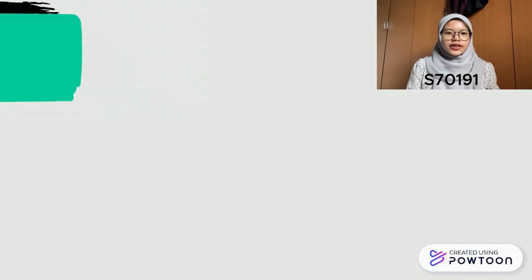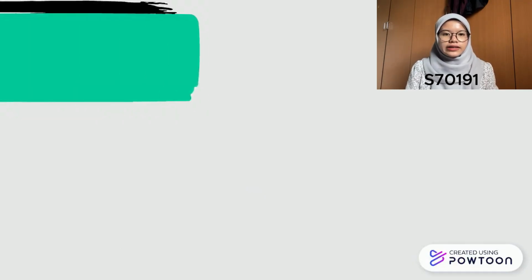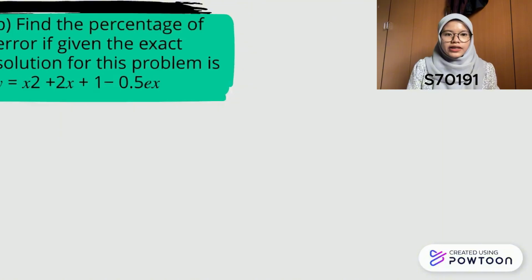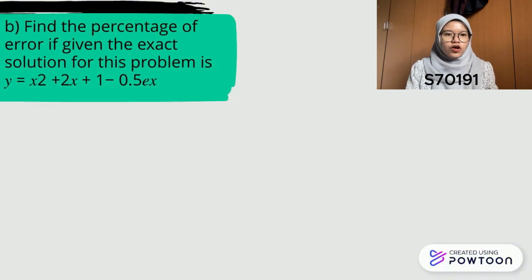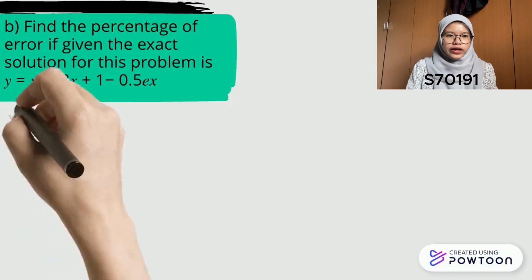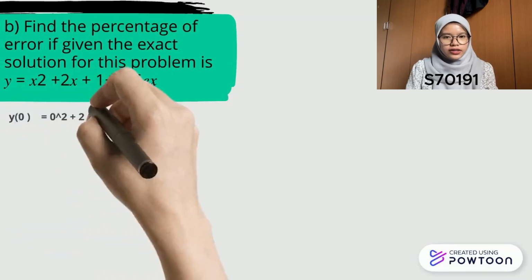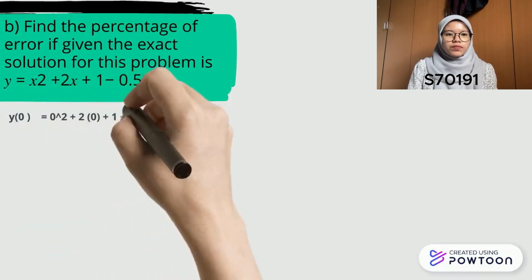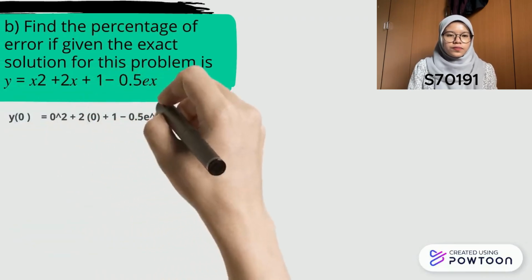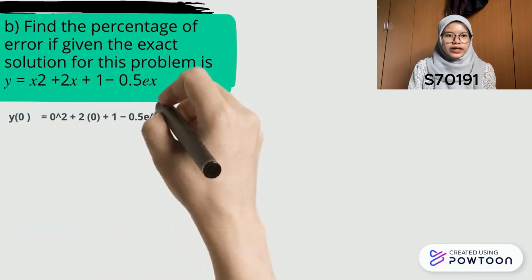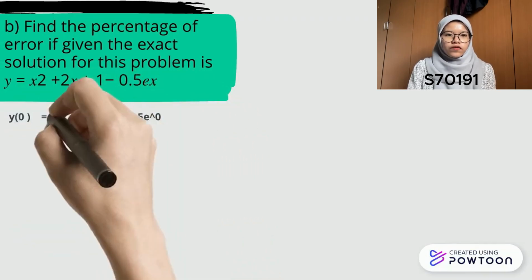The problem presented revolves around calculating the percentage error for a mathematical function when comparing an exact solution to an approximate one. The function in question is y equals x power of 2 plus 2x plus 1 minus 0.5 e power of x.